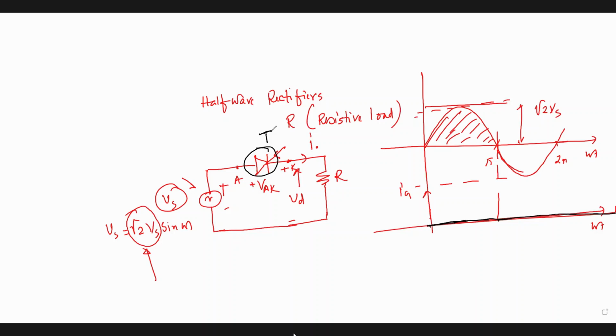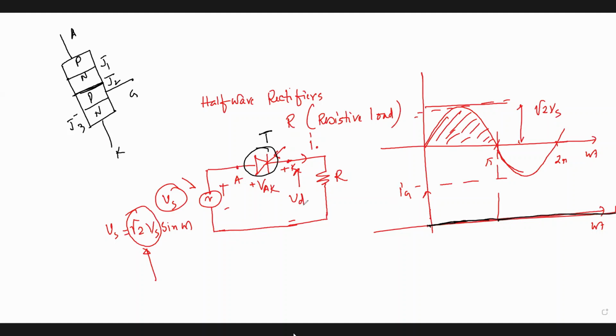What should be the current if you have not applied any gate pulse? It should be off until the breakover voltage. That means if it is your anode, cathode and gate, this junction J2 is still reverse biased, right? So there will be no flow of current.